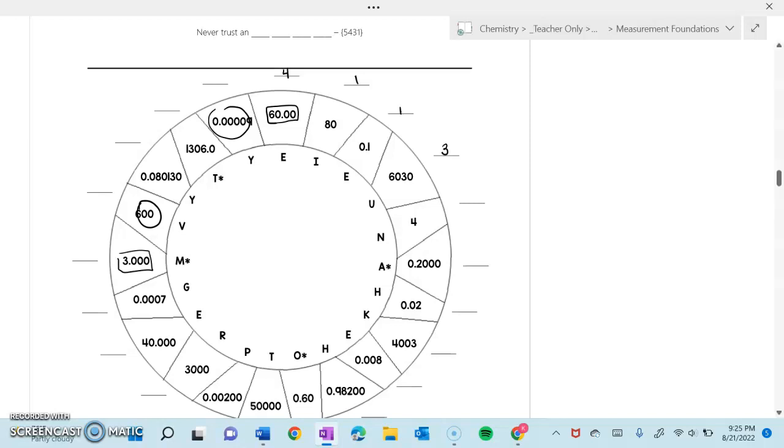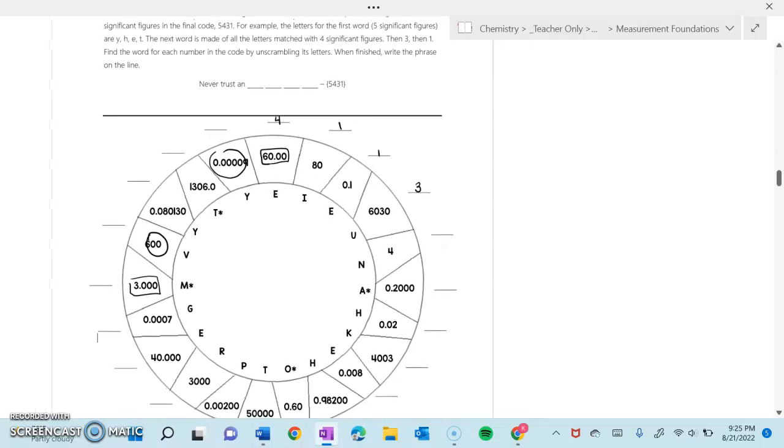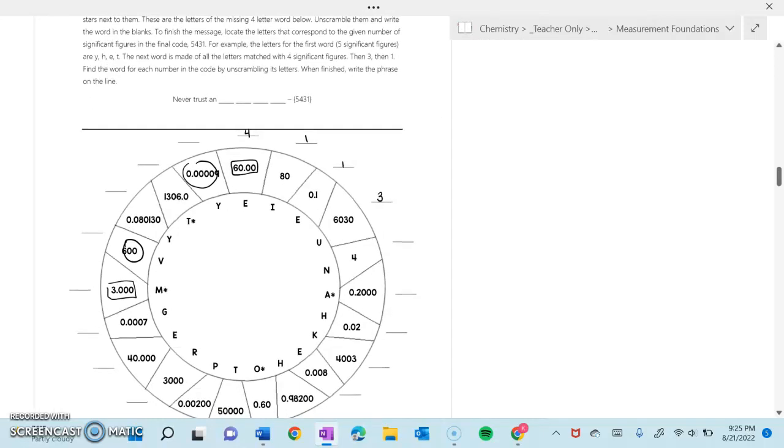You are going to fill in the number of significant figures in each of the lines around the outside, and then you'll use that to help you crack the code. Anything where you wrote a 5, those letters, you will unscramble. That'll be your first word. And then the ones that have 4, you'll unscramble those letters that are around here, and that'll be your second word.